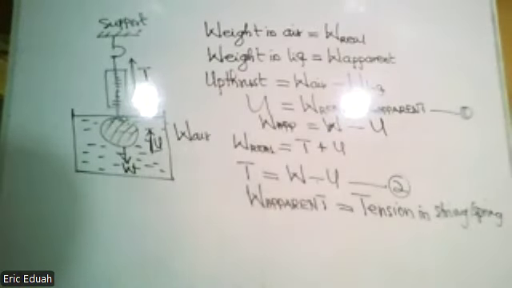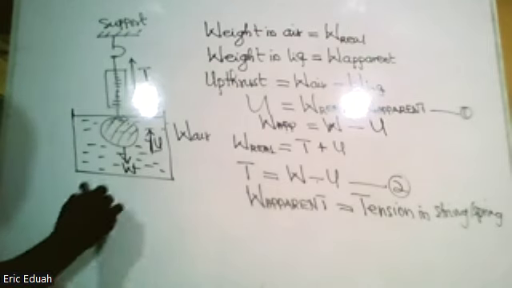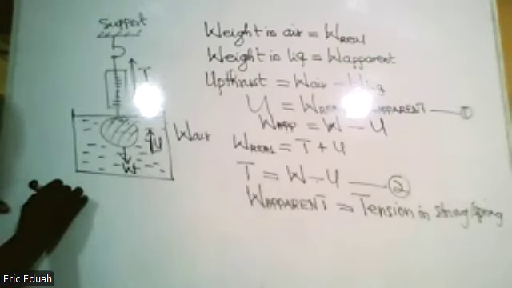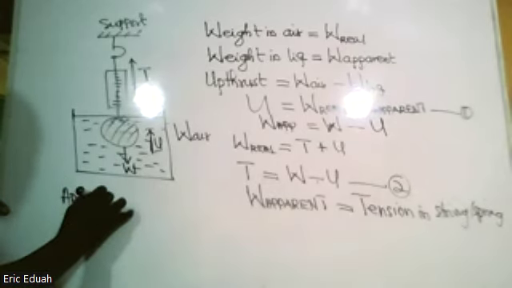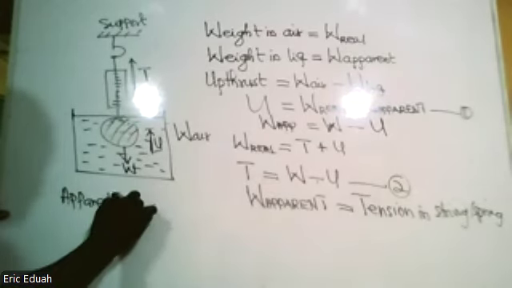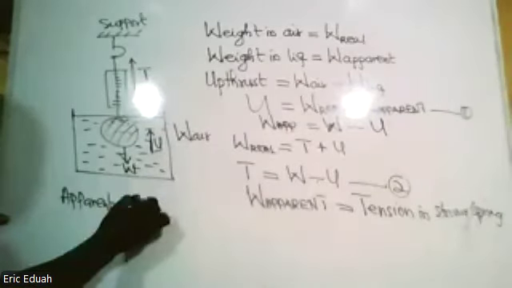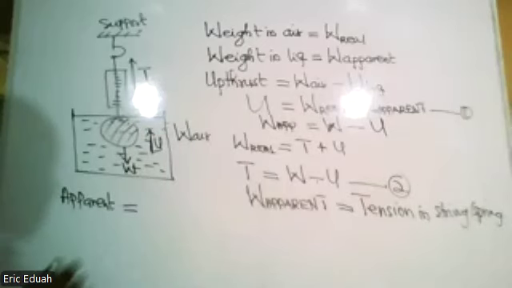Then let's come back to the question. So to find the apparent weight, which is the weight of the object in a fluid, we need the real weight of the body. Do we have the real weight?